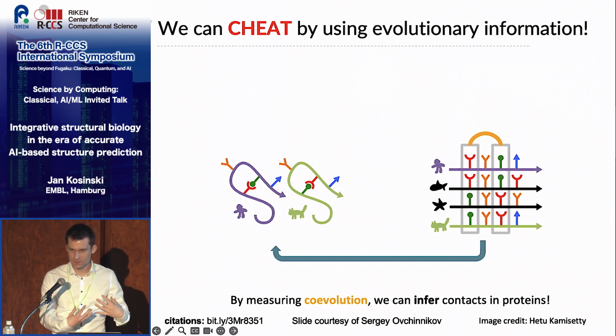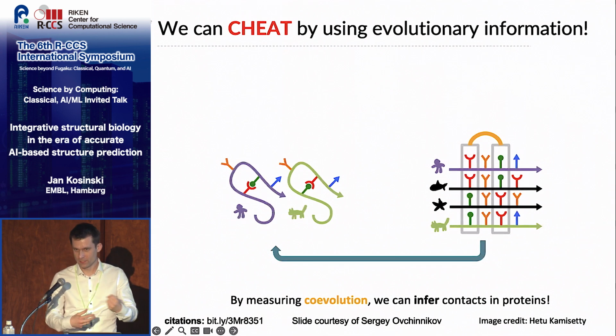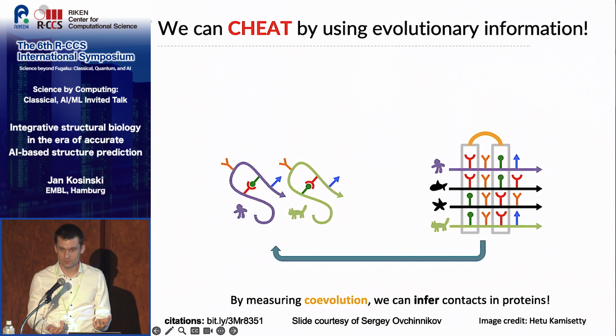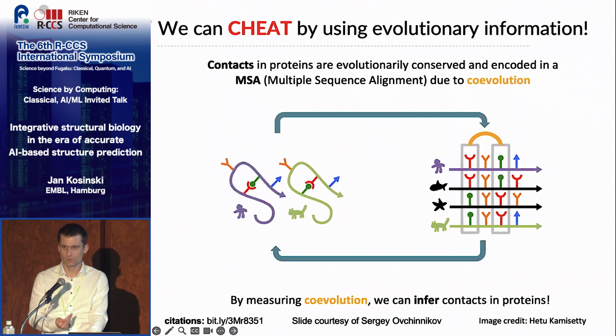This actually often happens in proteins because if these amino acids interact with each other, and if one changes to a big amino acid, the other has to change to a small amino acid. So you can detect this correlation which results from coevolution. This principle can be used to predict which residues in the sequence would contact each other. There have been many methods before that were trying to do that. AlphaFold just brought it to a completely different level and probably is also looking for other patterns.